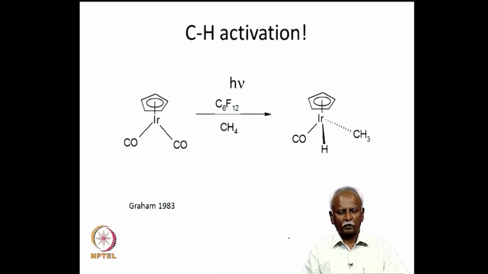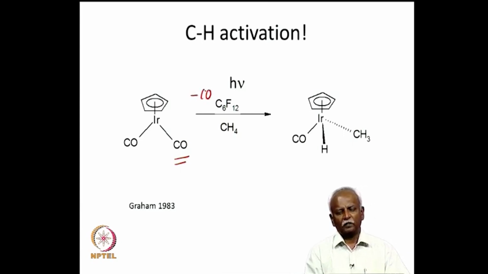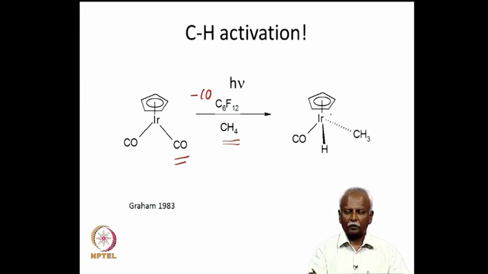And here an iridium(I) complex was again photolyzed, and during the photolysis carbon monoxide was liberated, minus CO, and because of the vacant coordination site on iridium and the presence of methane, you can have an oxidative addition of a CH bond to the iridium(I) species, resulting in the formation of a methyl iridium hydride, which is formally, the iridium is in the +3 oxidation state.